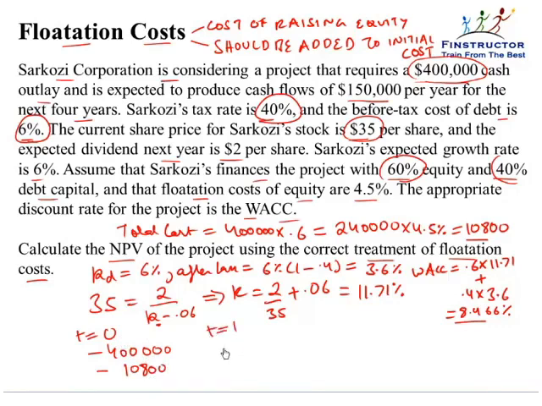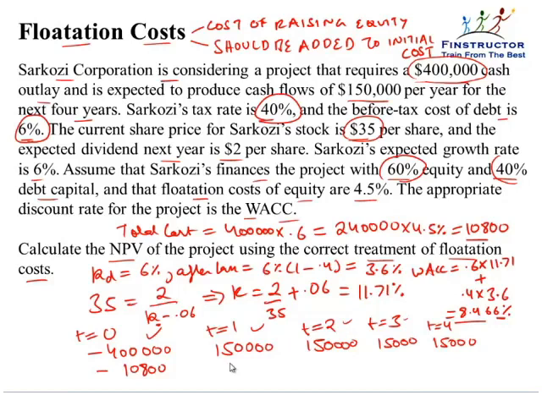From t equal to 1 to 4, the project generates $150,000 in cash inflow. So we now have the cash flows for the 4 years. We have the discount rate or the WACC. We can use the cash flow sheet and compute the NPV as we studied in capital budgeting.